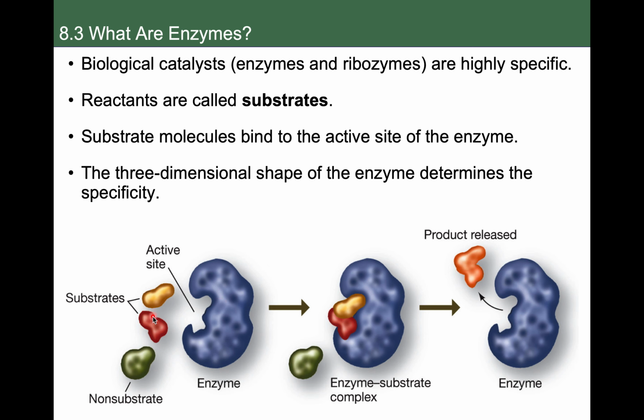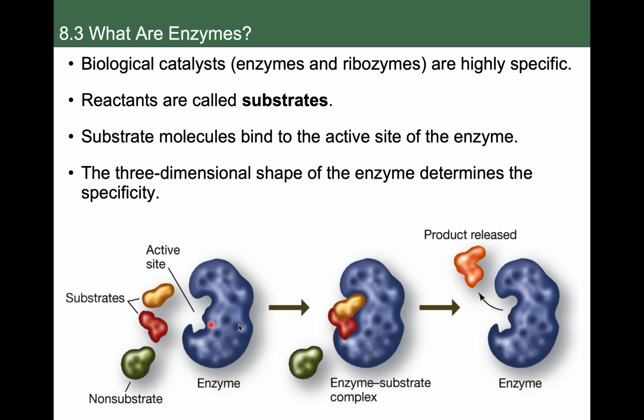The substrate or substrates are the molecule or molecules that the enzyme is acting upon. So in this particular example, this enzyme binds to two substrates, and it's going to hold them together in a position that's going to help facilitate the formation of a bond between those substrates.